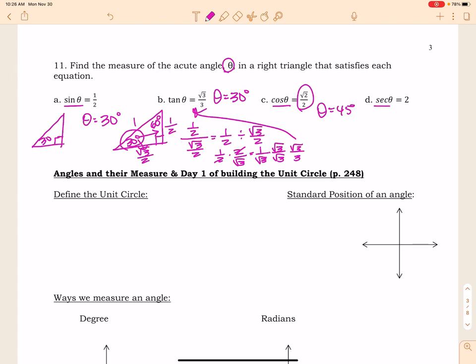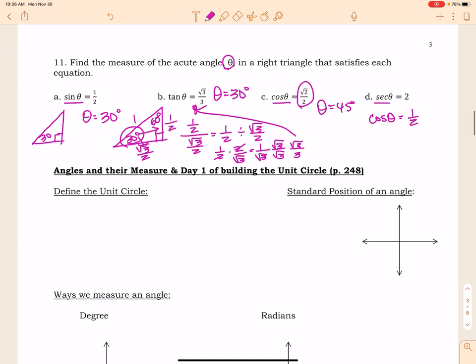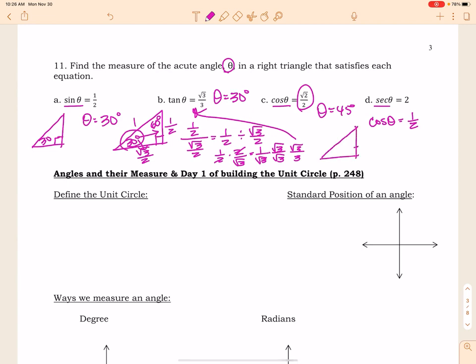Okay, secant, remember, is going to be the reciprocal of cosine theta. So if secant is 2, that means cosine theta is the reciprocal of that, 1/2. If you'll recall from our special right triangle, 30, 60, 90, the side across from the 30-degree angle is 1/2, and the other side is radical 3 over 2, with 1 for my hypotenuse.